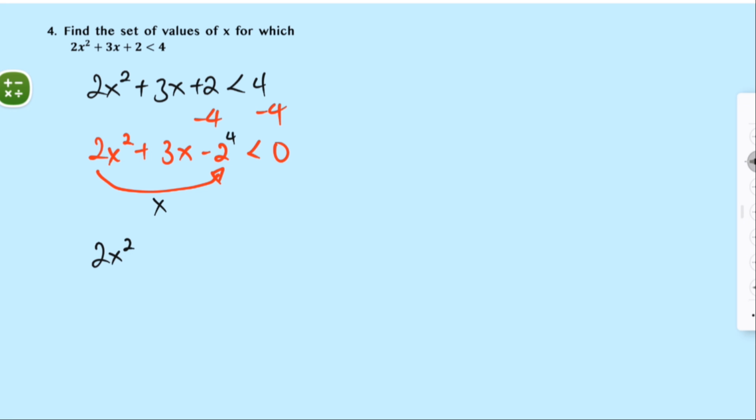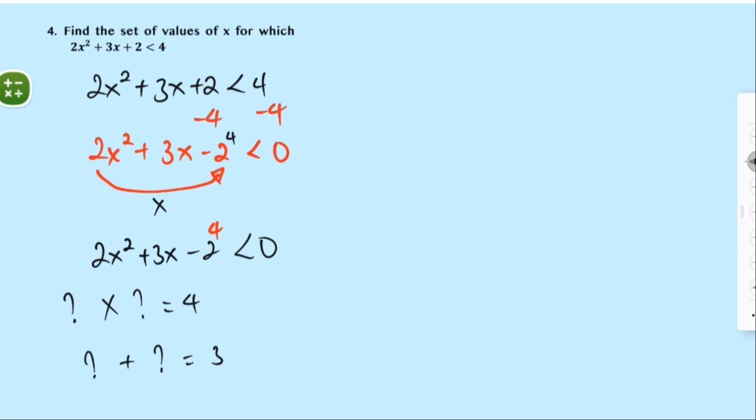So practically, I'm doing 2x squared plus 3x minus 4. So I'm finding two numbers that when I multiply, give me negative 4, but when I add, give me 3.